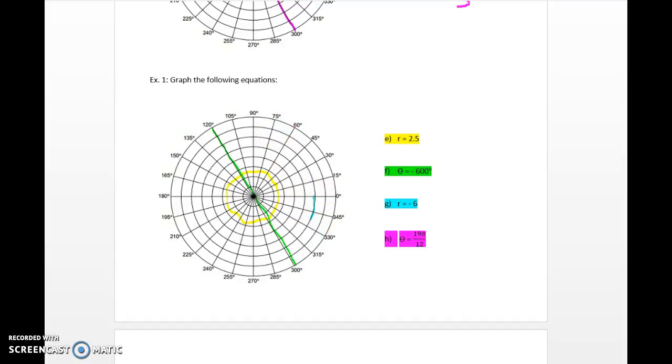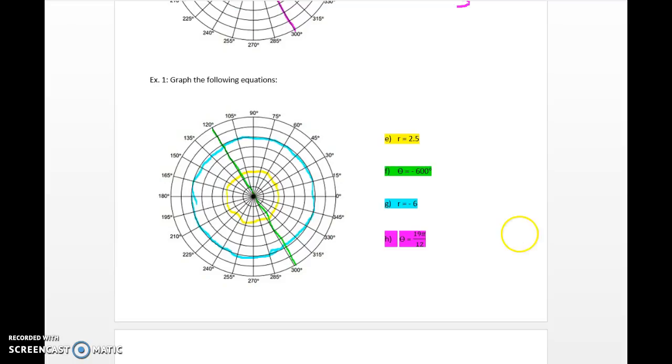The negative r, that will only change your angle, right? Your radius isn't negative. It goes out in all directions the same amount. So it doesn't matter if your r equals a positive constant or a negative constant. It's still a full circle around whatever that number is.